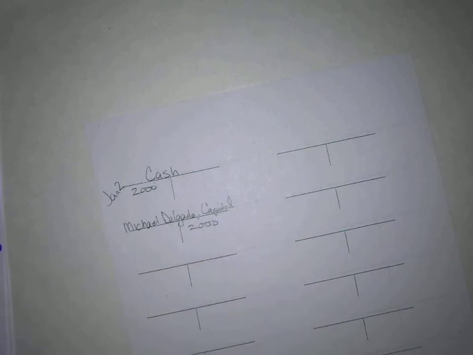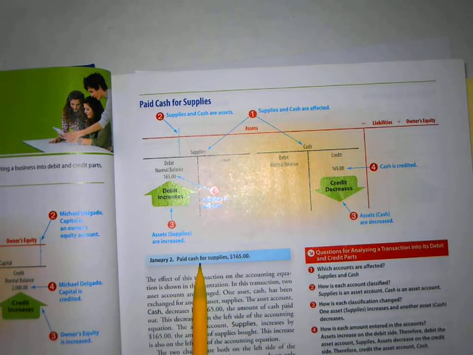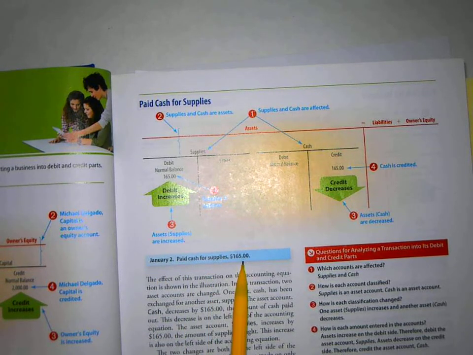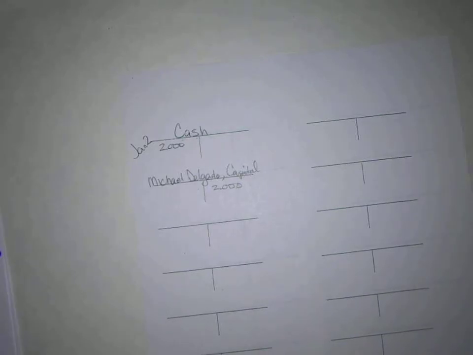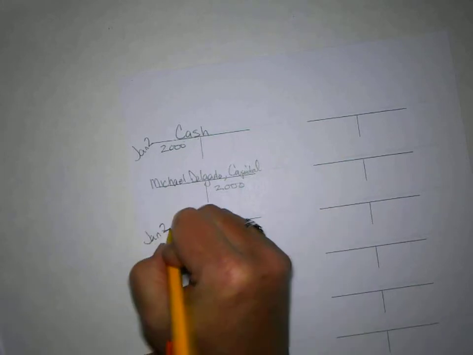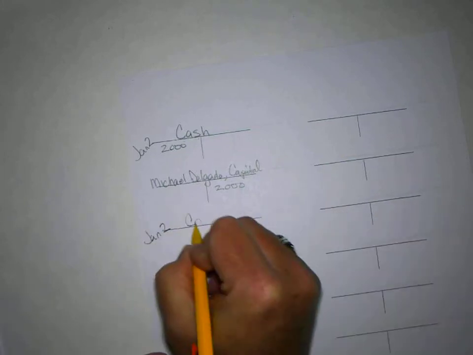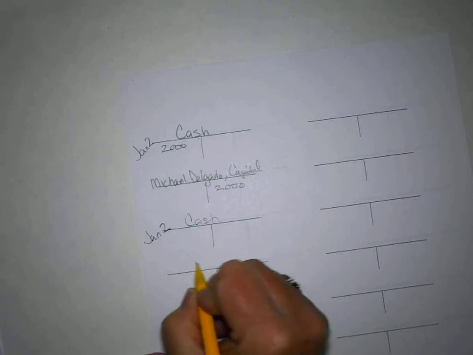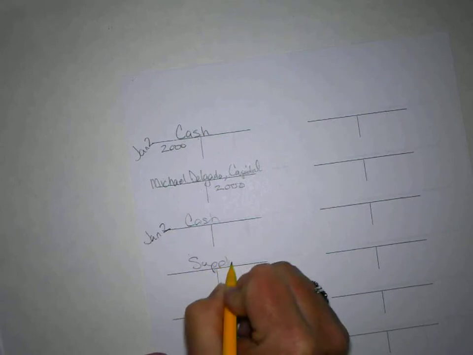Okay? All right, going back to our book, our next transaction, still on January 2nd, paid cash for supplies for $165. Okay, so what two accounts are being affected? This is January 2nd, another one. Cash and supplies.